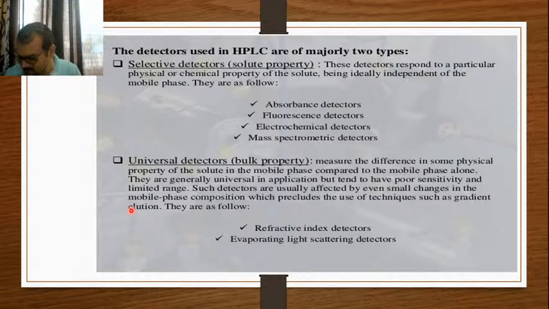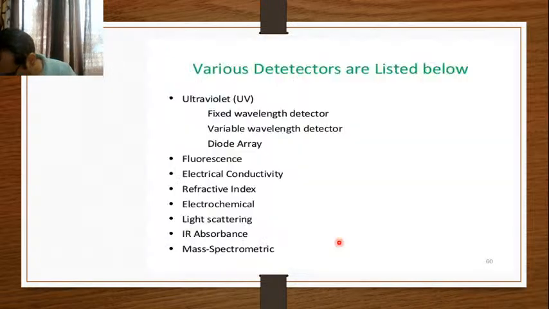This is also the cause of poor sensitivity in a universal detector system. The examples of universal detector systems are RI, refractive index detectors, and evaporative light scattering detectors. These are some of the detectors classified as universal detector systems.